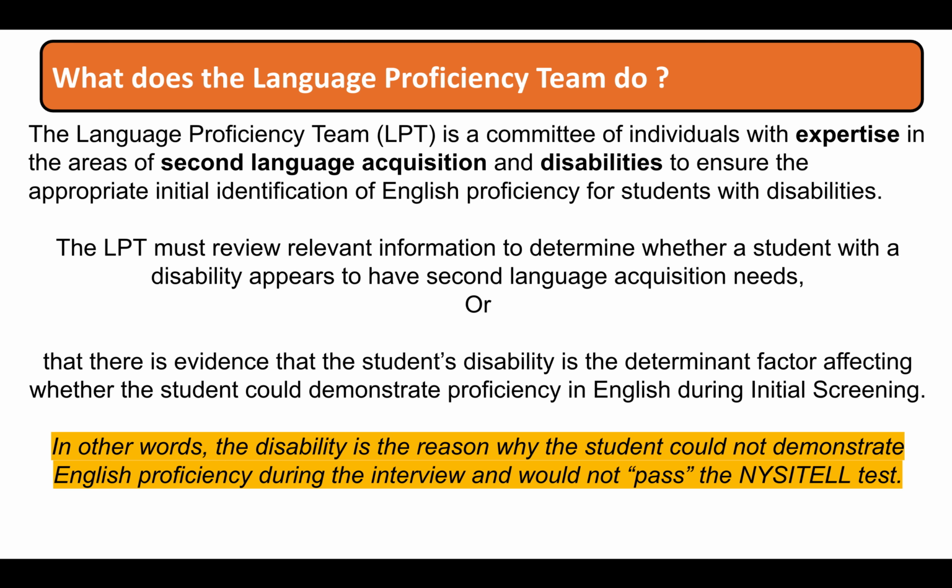So the language proficiency team is a committee of individuals with expertise in the areas of second language acquisition and disabilities collectively. And the team has to review the relevant information to determine whether a student with a disability appears to have second language acquisition needs or that there is evidence that the student's disability is the determinant factor affecting whether the student could demonstrate proficiency in English during the initial screening.